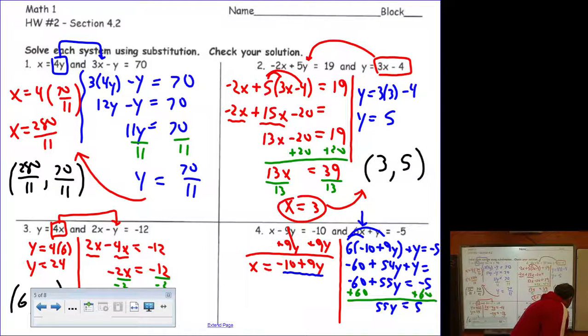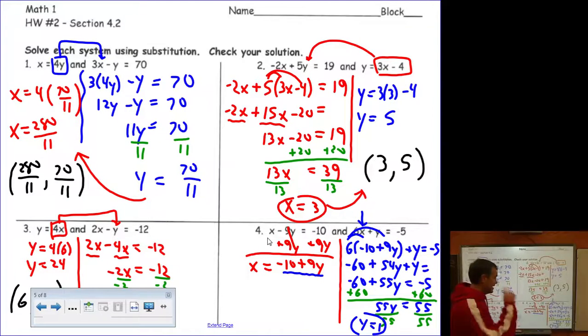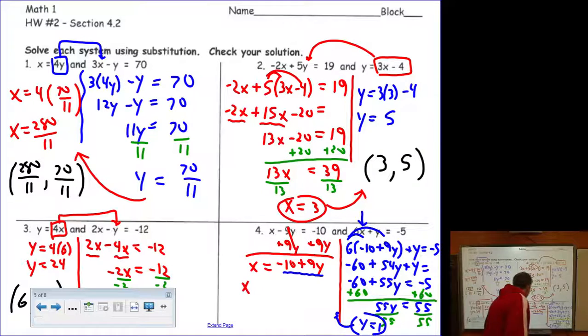55y equals 55. And finally, I would divide by 55. And of course, that would give me y equals 1, right? And then I can take that and substitute it back into the first equation, where I would have x equals negative 10 plus 9 times 1.